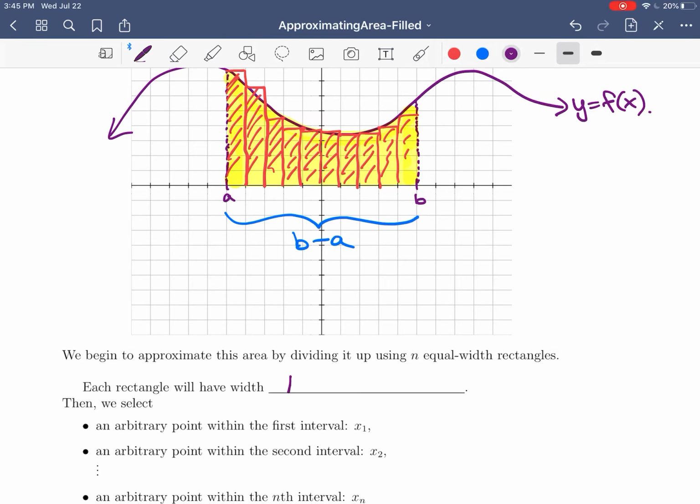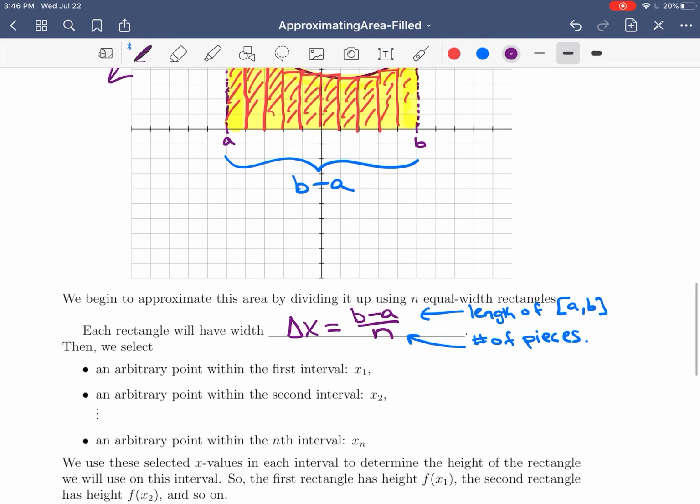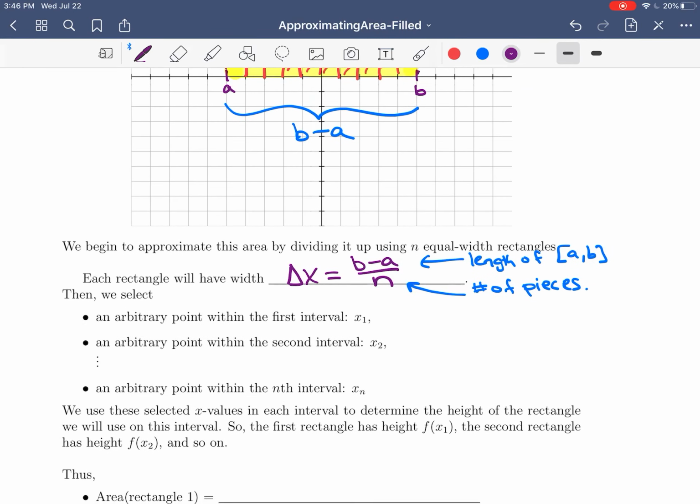So each rectangle is going to have width, we call it delta x, it's going to be b minus a over n. It's the length of the interval from a to b, and n is the number of pieces, so the number of rectangles you're going to break into. That's if you use equal width rectangles, which we're going to do. But again, you don't have to.